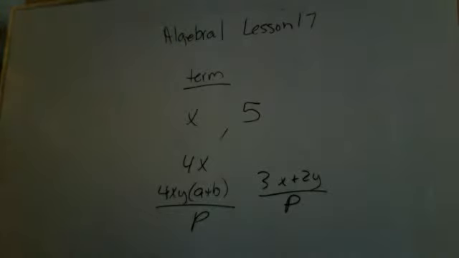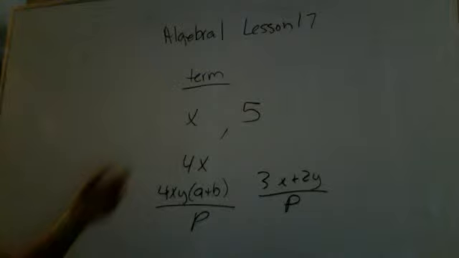Those are two different terms, right? This is one term. Why is that a term? Because the third rule is the indicated product or quotient of expressions that contain variables and or constants.